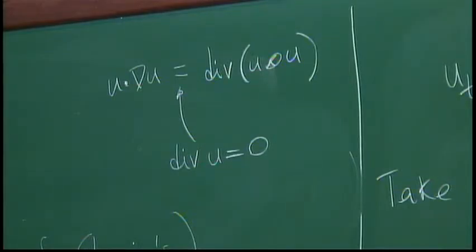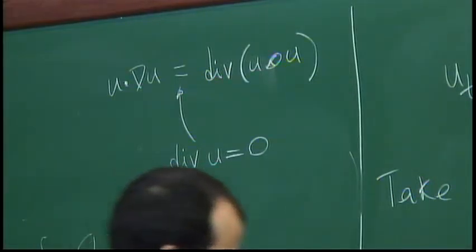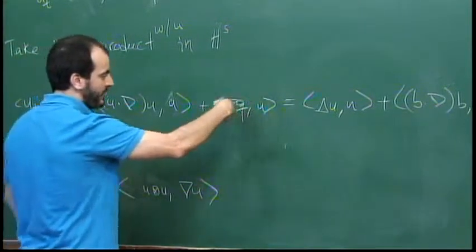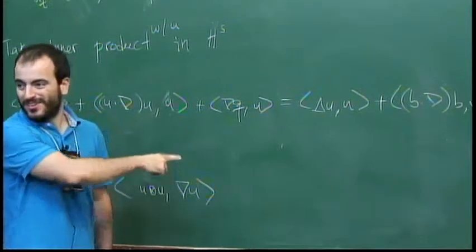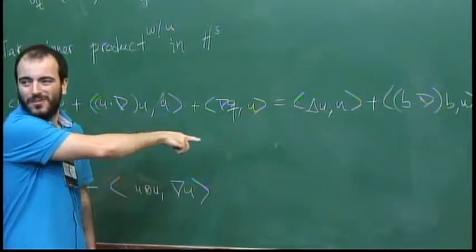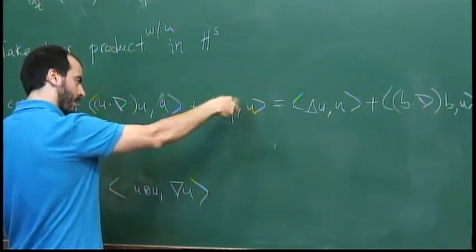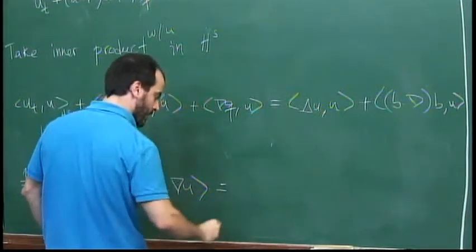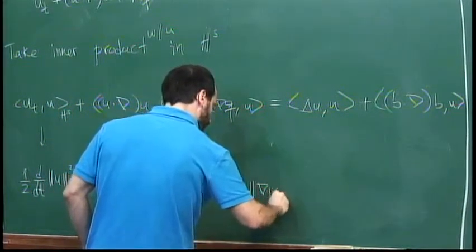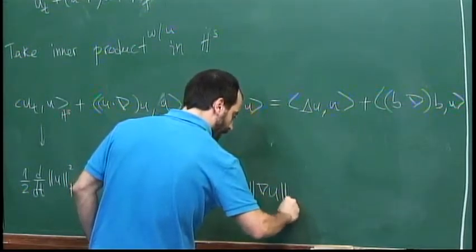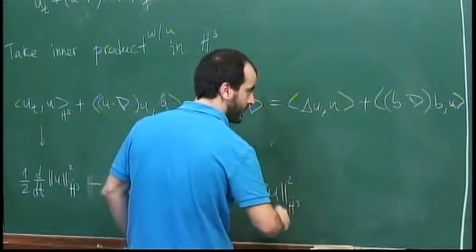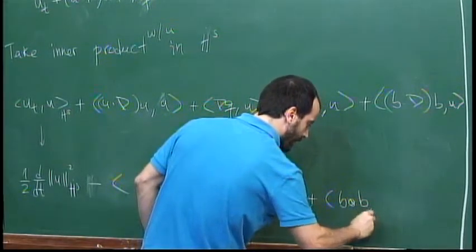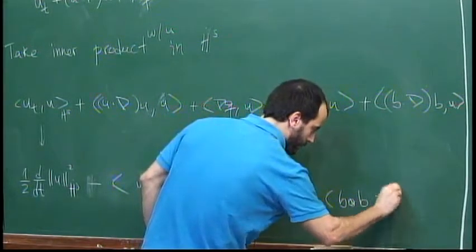And then by integration by parts, we can get this term with a minus sign. So here we integrate by parts and we get 0, so actually this step is the only one where I used the divergence is 0. Here we get 0 again, and here we get minus the norm of gradient U in HS squared plus B tensor B times the gradient U.